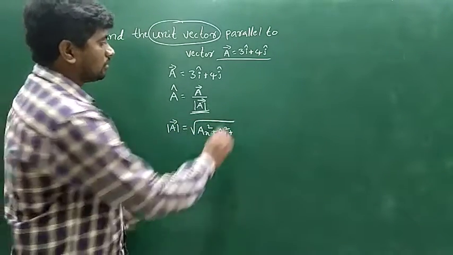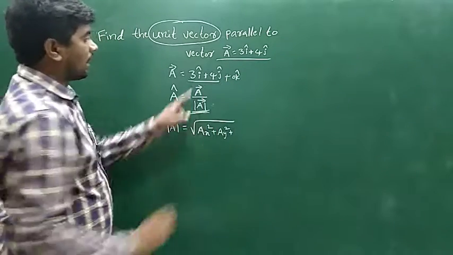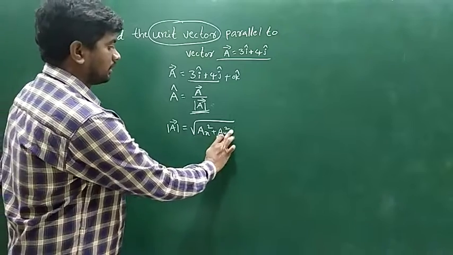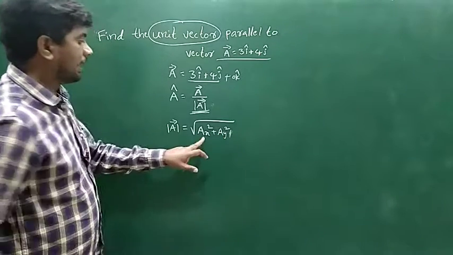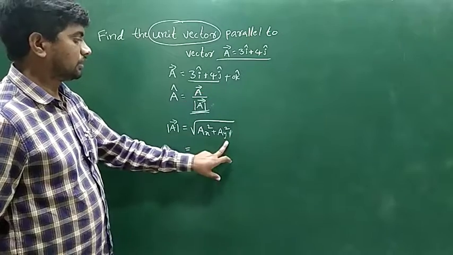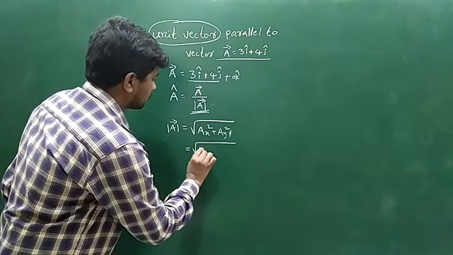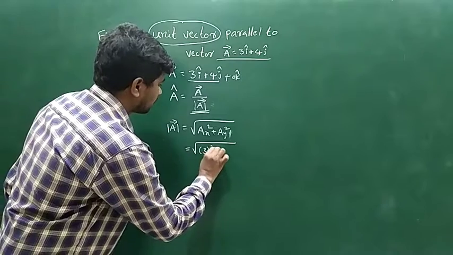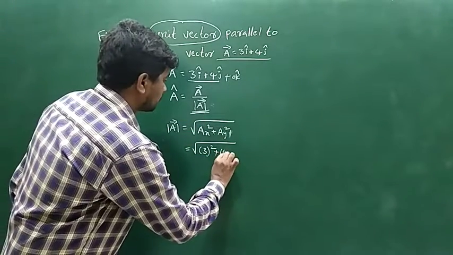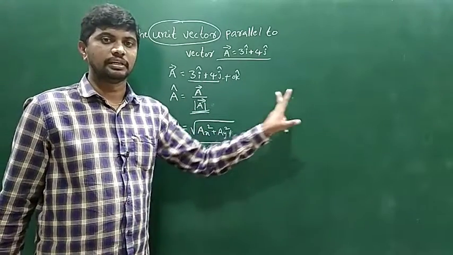There is no k, only i and j unit vectors. So the formula is ax square plus ay square. Therefore ax equal to 3, and ay is equal to 4. Substituting, under root of 3 square plus 4 square.